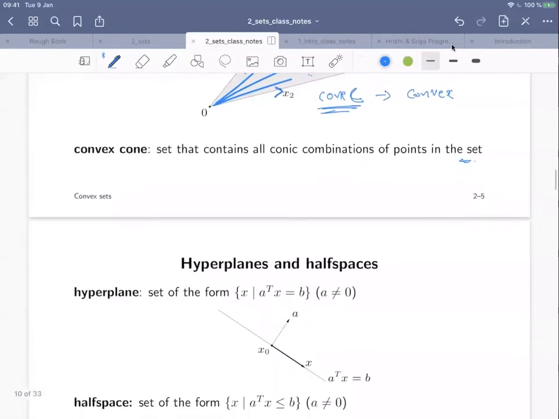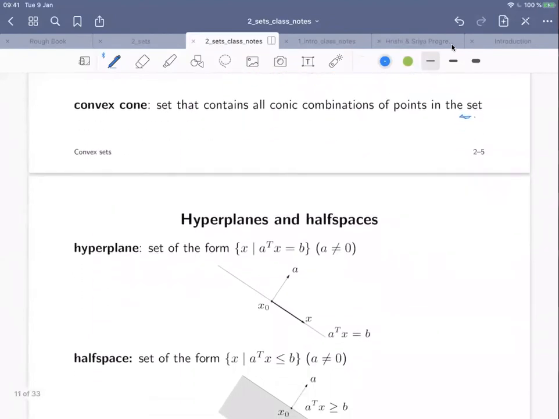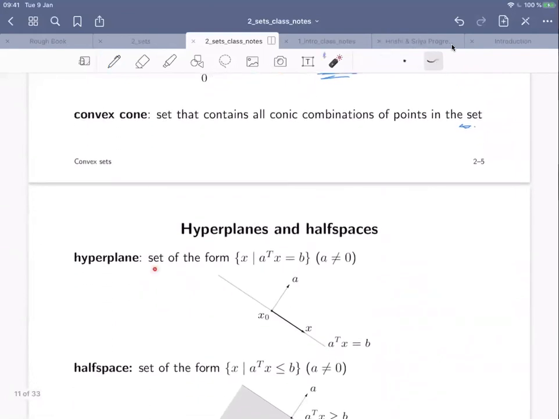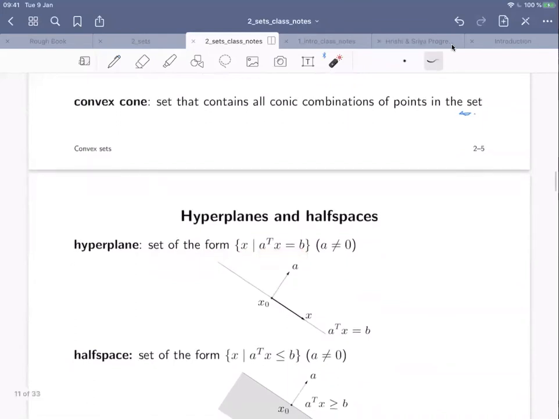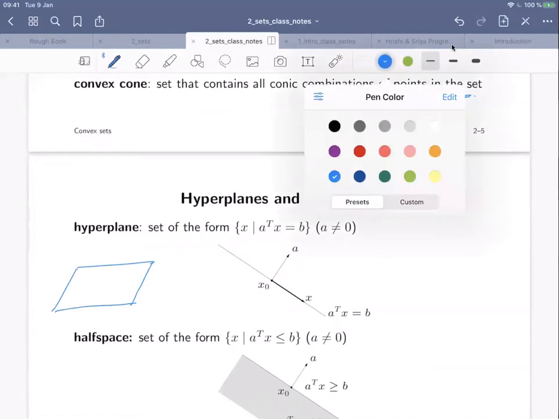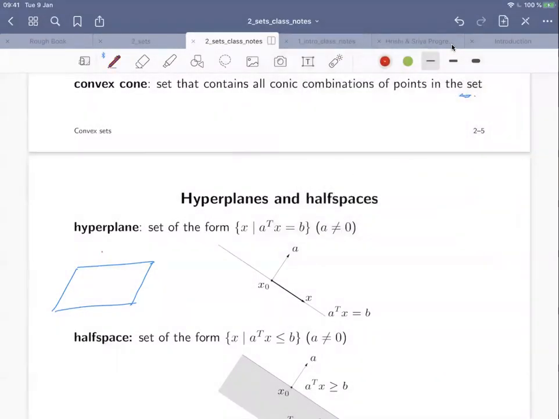Next, we will see what hyperplanes and half spaces are. So a hyperplane is a set of the form X such that A transpose X equal to B. So what does that mean? We already know the equations of a plane from our high school, right? So we have a plane here, which is defined by a normal to the plane.